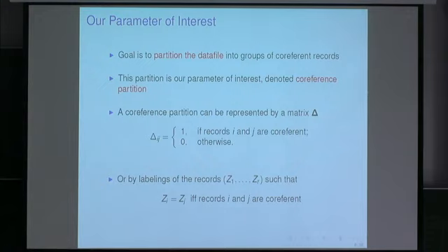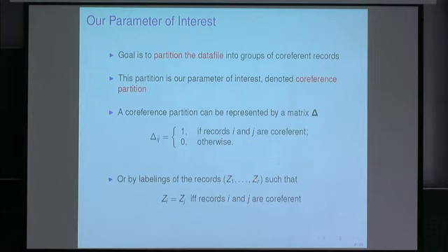And of course, a partition can be represented in different ways. One way, which is not very efficient, would be using a matrix, right? Whose ijth entry is equal to 1 if records i and j are coreferent and 0 otherwise, right? That would be one way of representing a partition. Another way is by introducing a labeling of the records. So for example, if you have R records in total in your concatenated file, then you can introduce one label for each record.